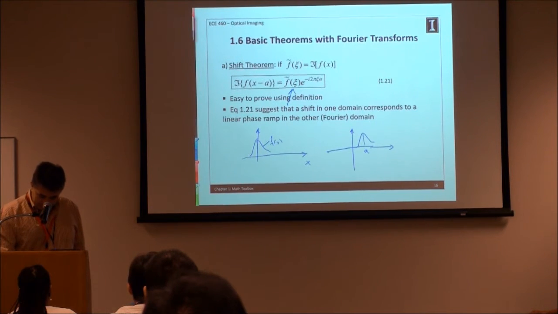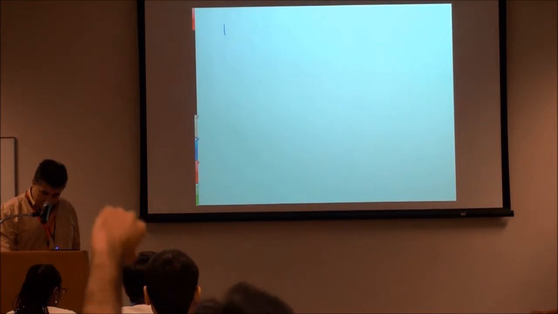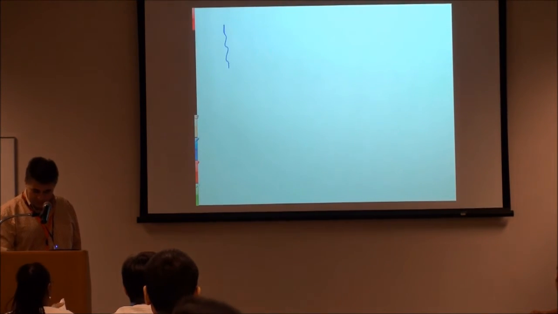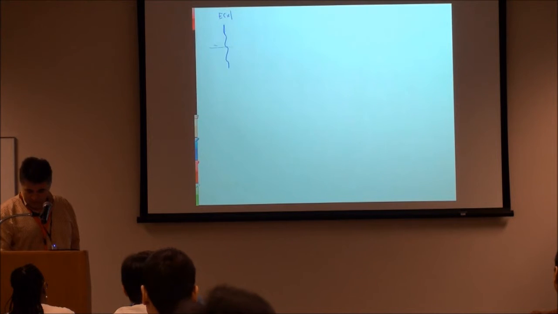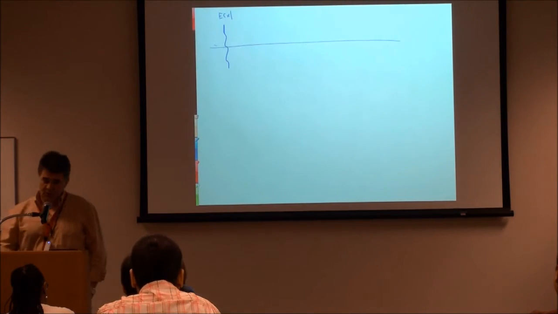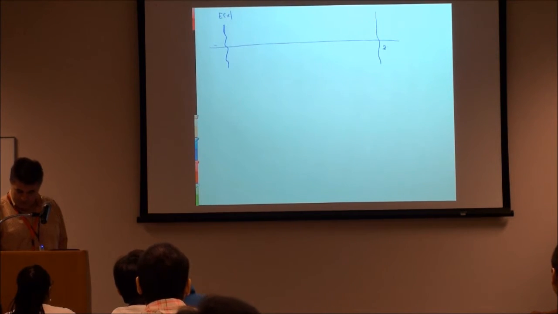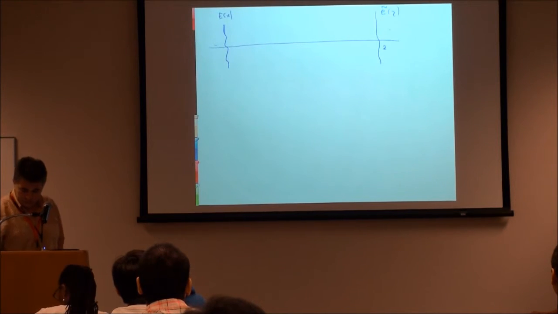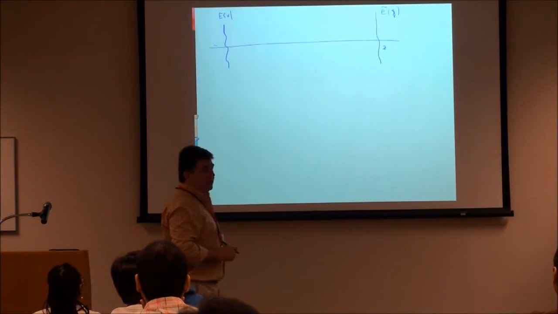Okay, let me help you. Let me go ahead of myself a little bit. If I have a field distribution E of x here, and you let this field propagate long enough, a very, very large distance, I tell you without the proof that at a distance z that's very large, you get the Fourier transform, or something proportional to it, E of psi.